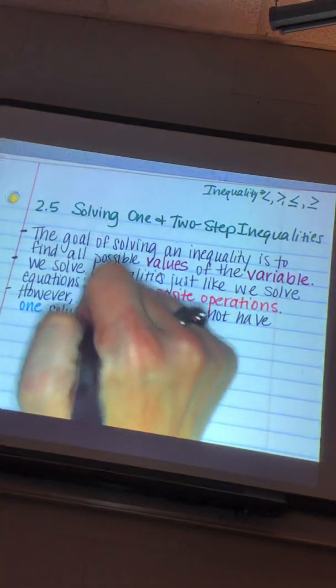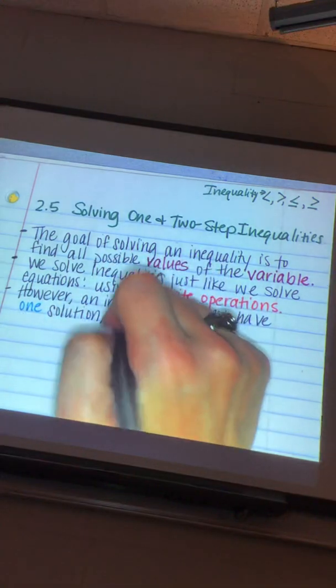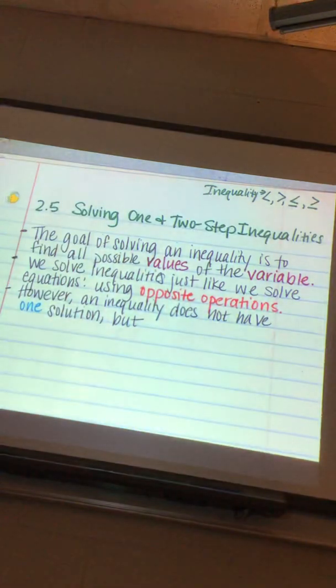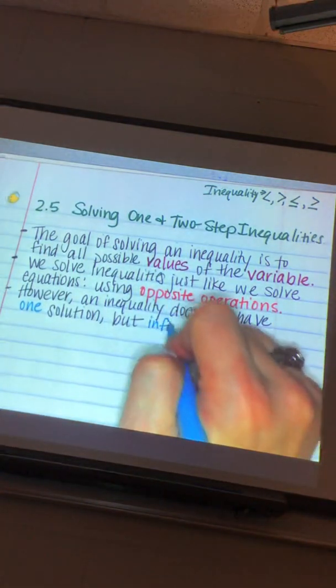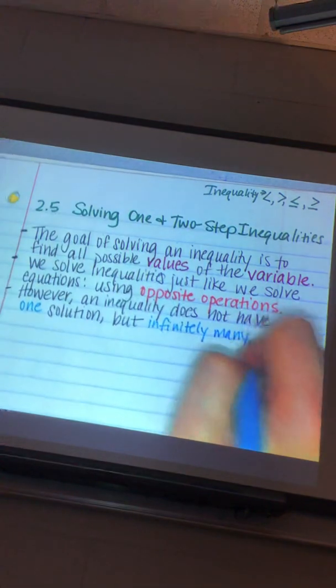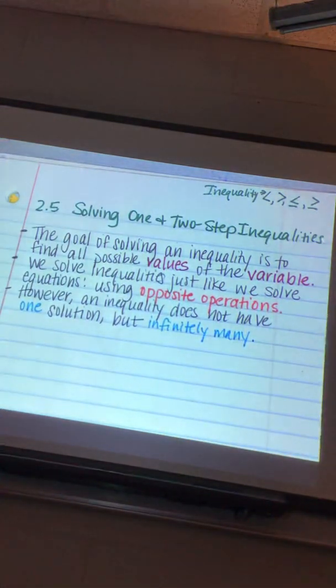But it could have infinitely many solutions. And I'm going to show you what that means. That's why we use greater than and less than. And especially as you get into higher levels of math, you're going to see that there's a range of values, okay?